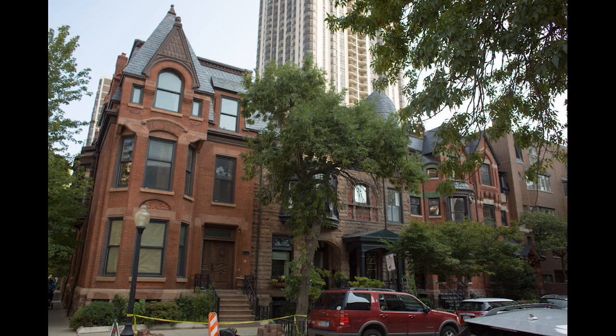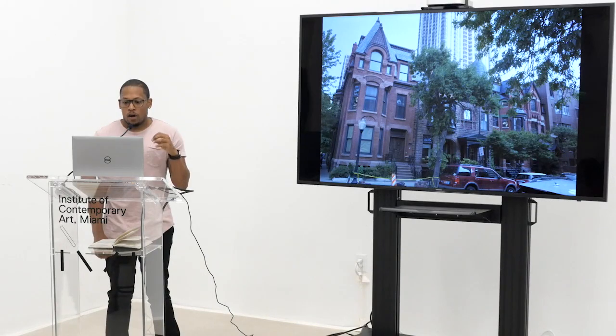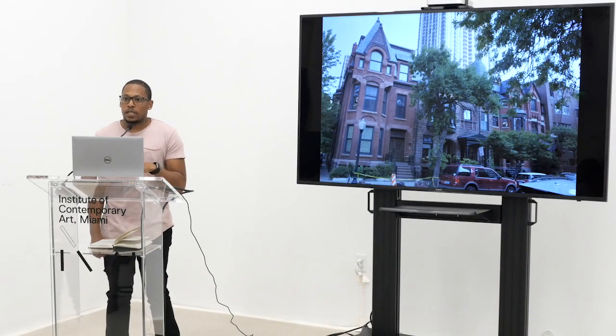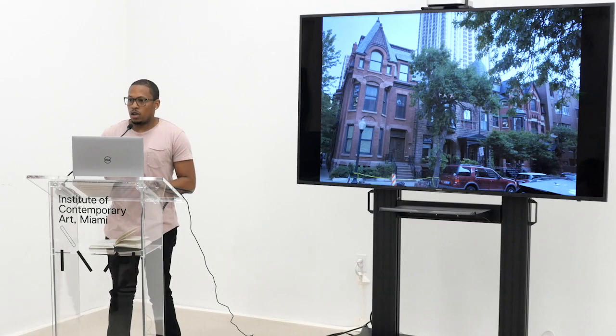So I would always ask myself, why do their houses look better than the ones in my neighborhood? Why are their streets lined with more trees than the neighborhood that I grew up in? Why does my neighborhood have liquor stores and vacant lots, and we don't see these things in other, more affluent neighborhoods? This neighborhood is considered Old Town.